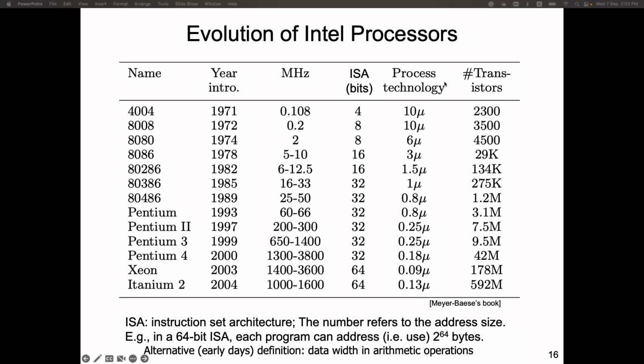And this keeps shrinking. The Xeon, this server-grade processor, was the first nanometer CPU. I mean, fabricated in 90 nanometer. Technology below 100 nanometer, we call nanometer technology.